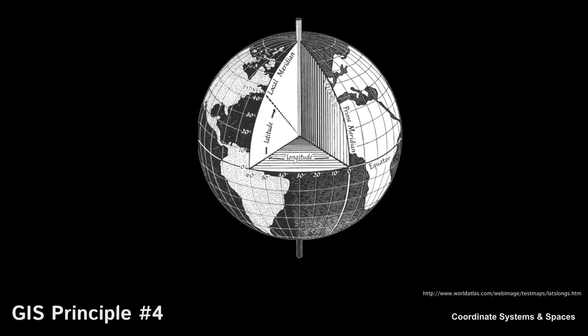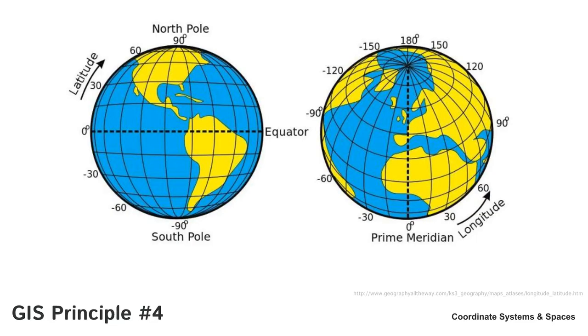This way we can describe locations on the face of the Earth using two things, latitude and longitude. Here we can see another demonstration of that graticule or gridded space. We can see the prime meridian, which is the 0 degree, and then also the equator, which is the 0 degree in terms of latitude. The prime meridian is related to longitude. As we go around in terms of longitude, we start off at the prime meridian, go across Europe, across Russia, go to the back side of the Earth, and then we come around and we're into negative longitude at that point.